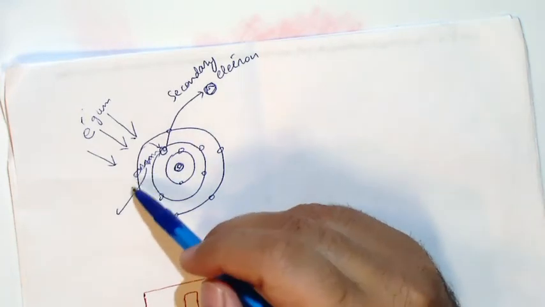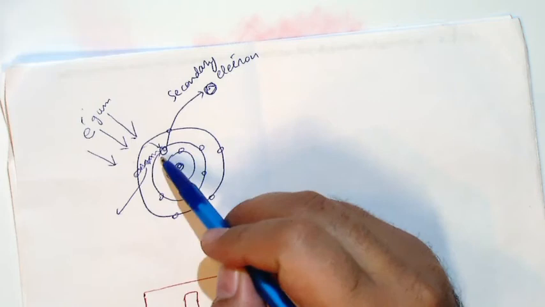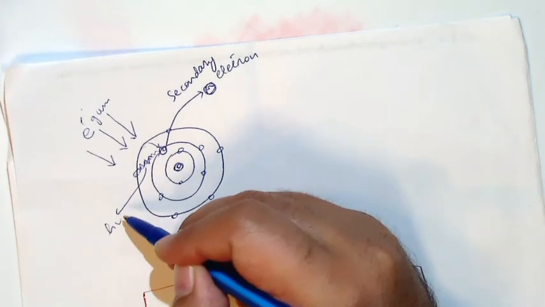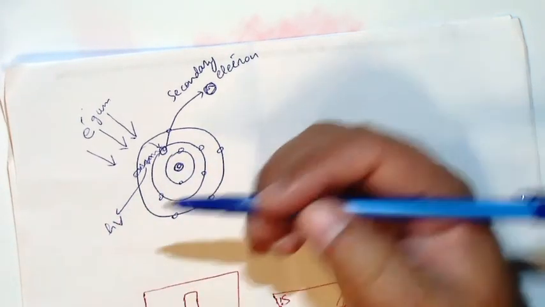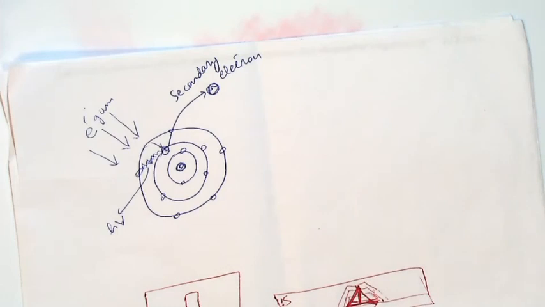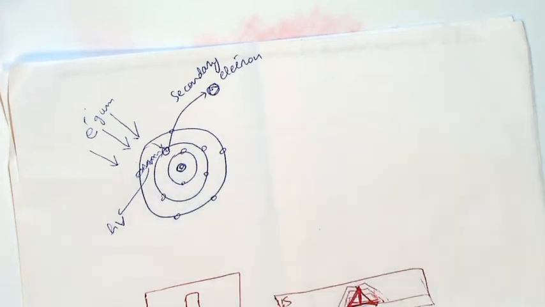So in this case, jumping from a higher shell to a lower shell, they give us some photon or energy. Now think about it: if a material has thousands of atoms, and this phenomenon is happening in all that target material, then if you look at the overall spectrum, a lot of photons will be generated. Those photons are X-rays.